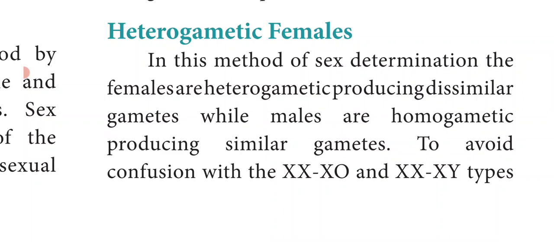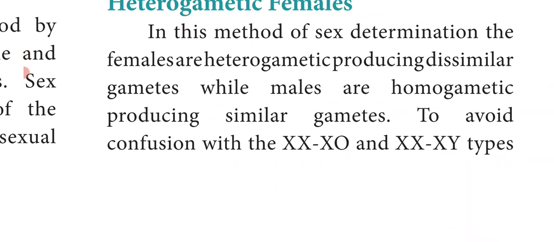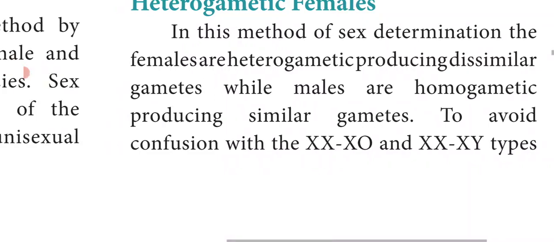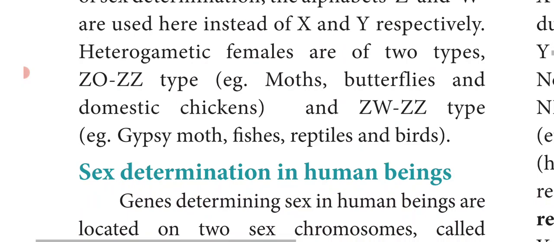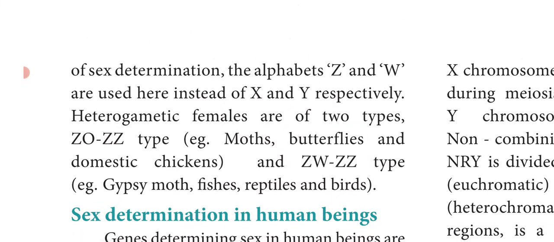To avoid confusion with the XX-XO and XX-XY types of sex determination, the alphabets Z and W are used here instead of X and Y respectively. So the alphabet Z is used instead of X and the alphabet W is used instead of Y.